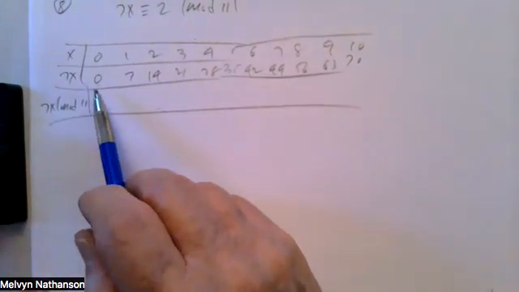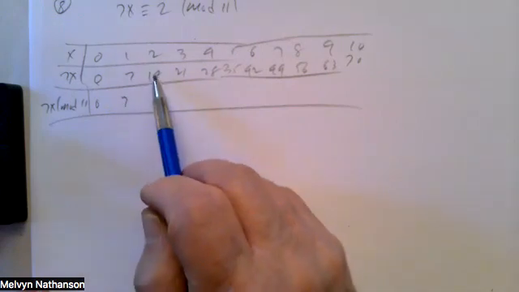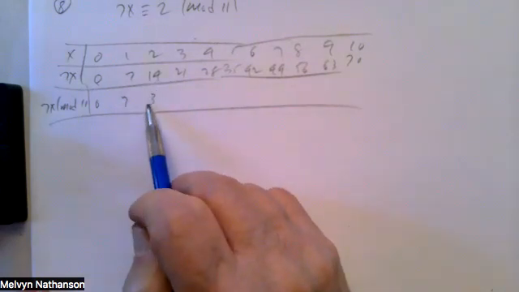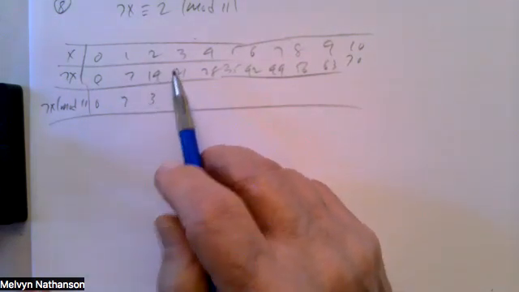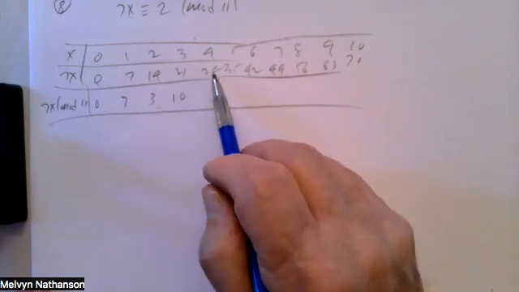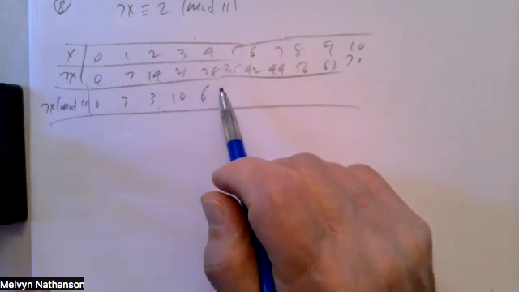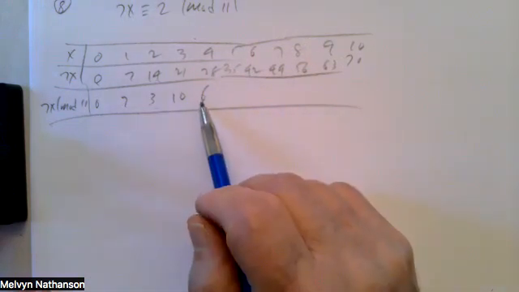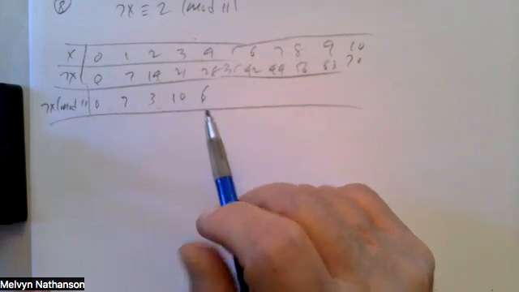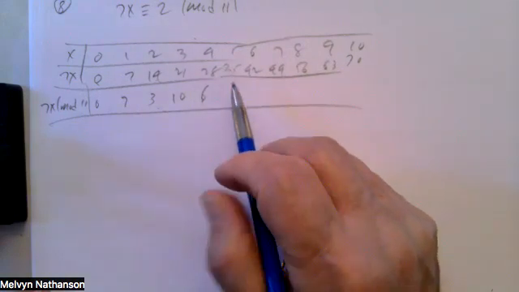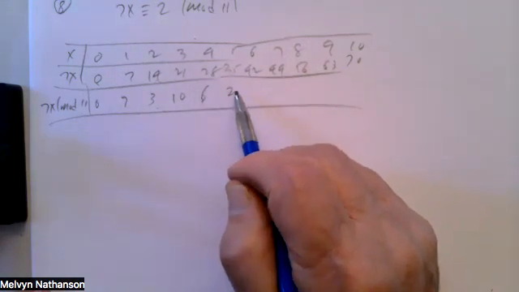What's the least non-negative residue? 0, 7, 14 is 3 mod 11. 21 is 10 mod 11. 28 is 6 mod 11, right? Because 28 minus 6 is 22, which is divisible by 11. 35 is 2 mod 11.